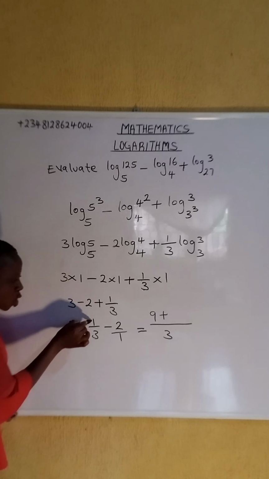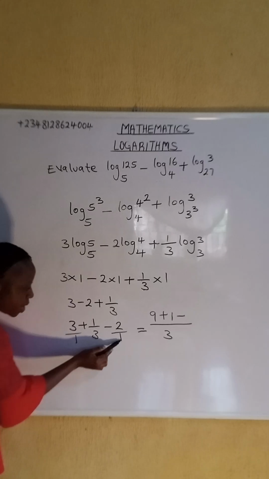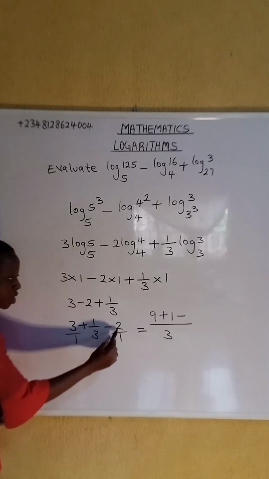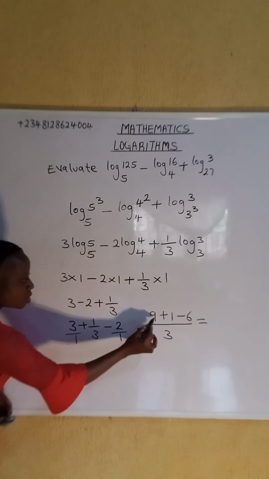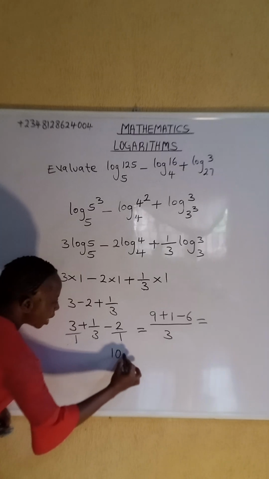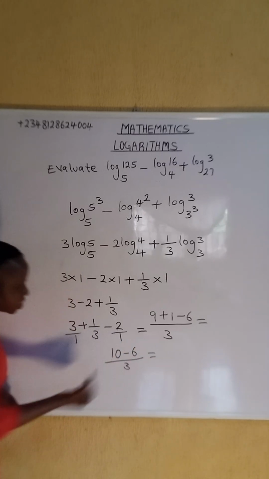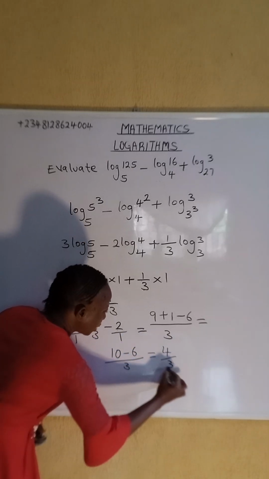So 1 times 1 at the numerator will give us 1. Then minus, how many 1 can we get in 3? That is 3. So 3 times 2 will give us 6. So 9 plus 1 will give us 10. So 10 minus 6 divided by 3. So 10 minus 6 will give us 4 divided by 3.